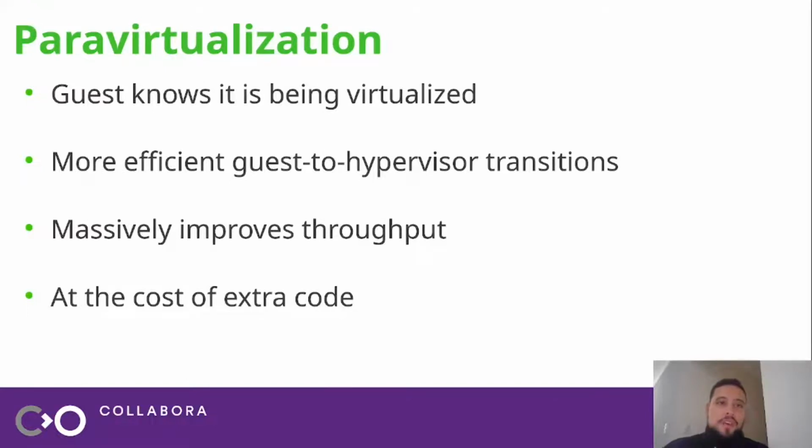Virtio is one standard way to achieve what we call para-virtualization. In para-virtualization, the guest knows it's being virtualized, and by virtue of knowing that, it can make guest-to-hypervisor transitions more efficient. This massively improves throughput, because the alternative, when the guest doesn't know that it's being virtualized, is to have the virtual machine manager emulate a device.